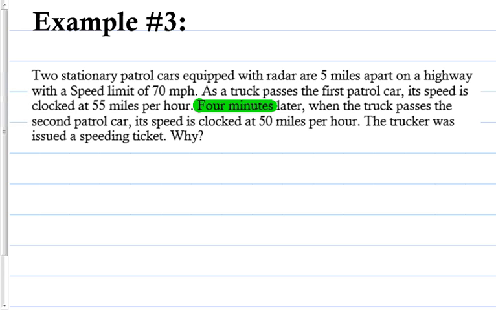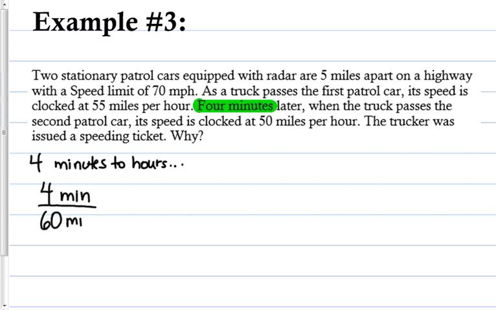So 4 minutes to hours. I have 4 minutes, right? And in an hour, there are 60 minutes. So that's actually 1/15th of an hour. Okay, so there's my hour. That way I don't have to mess with minutes.